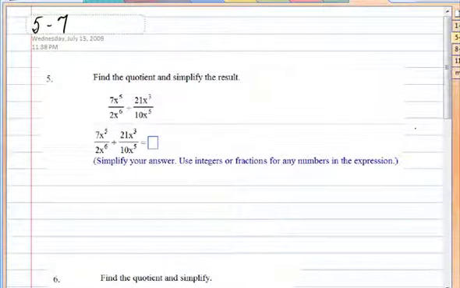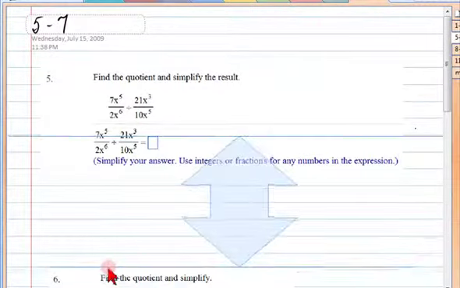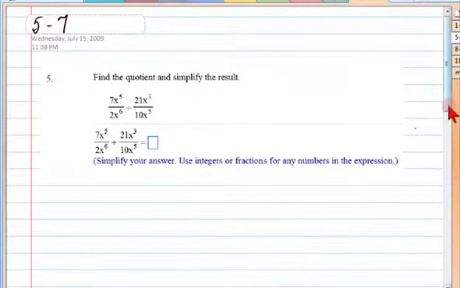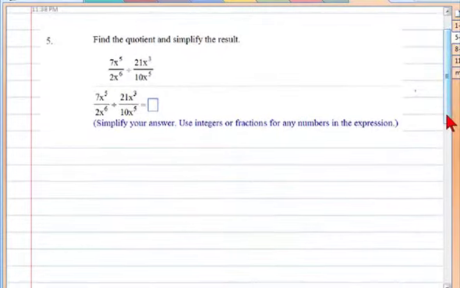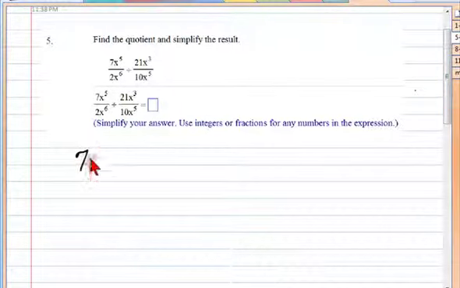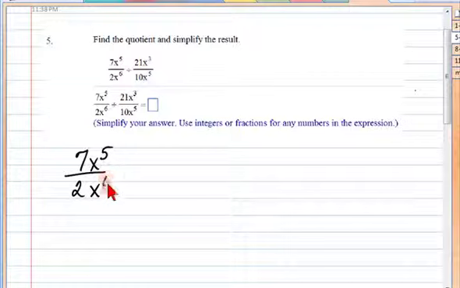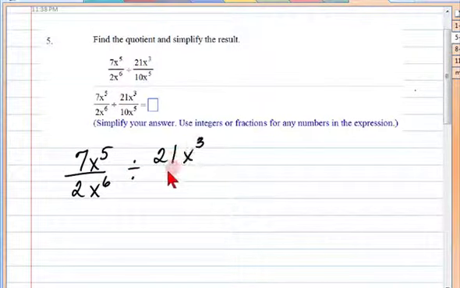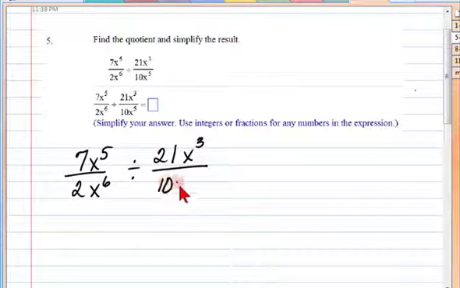Problem number 5. It says, find the quotient and simplify the result. Now, I may need just a little bit more room here. All right, the problem is 7x to the 5th over 2x to the 6th divided by 21x to the third over 10x to the fifth.